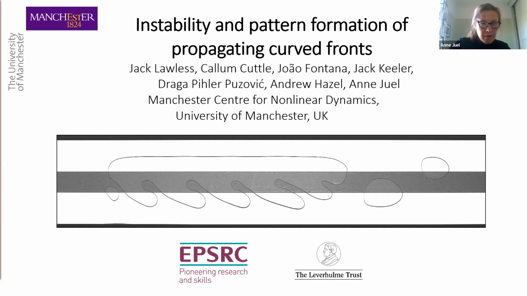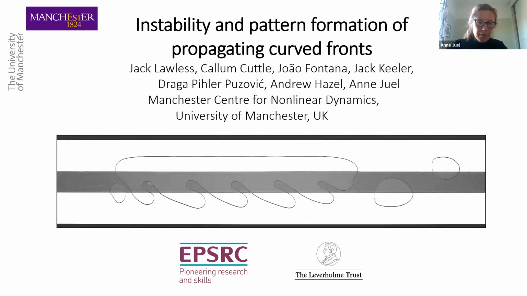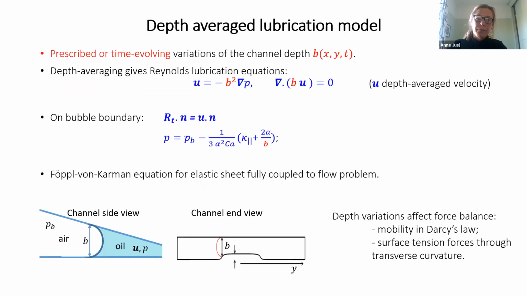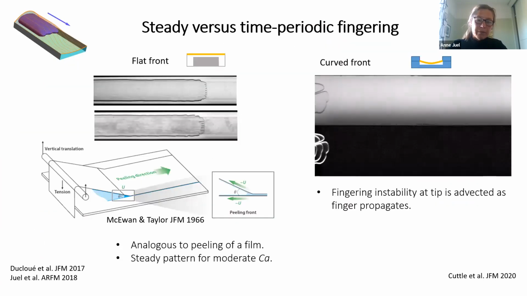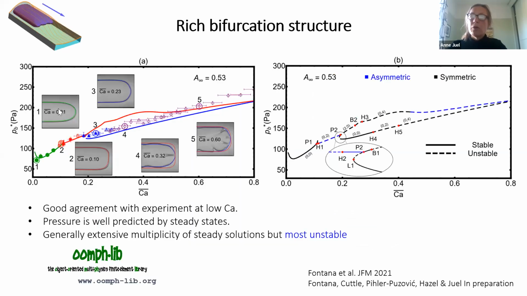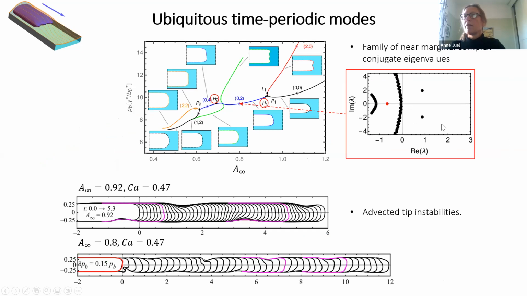Hold on one second, I'll bring it up. Sorry, I'm trying to bring up the relevant slide for you. Yeah, so in these systems, so this is the slide I think you referred to. Yeah.